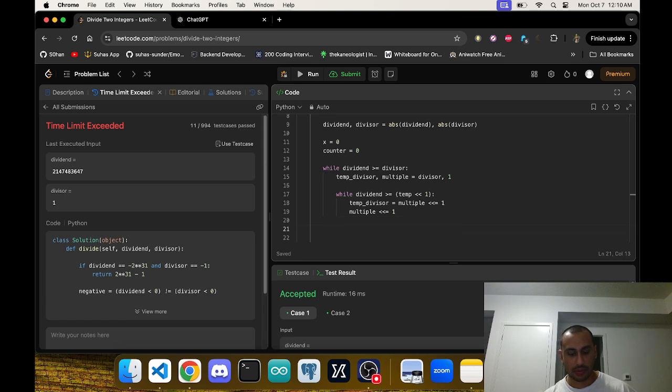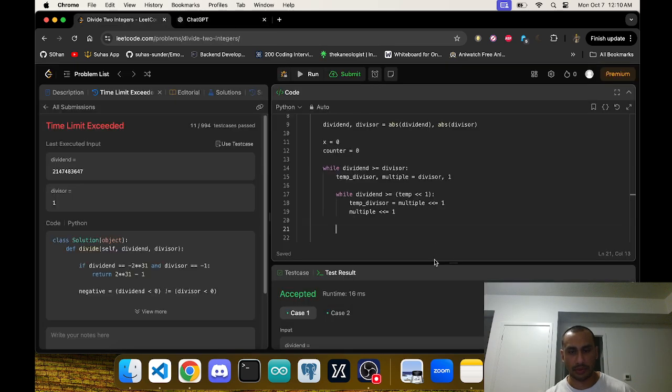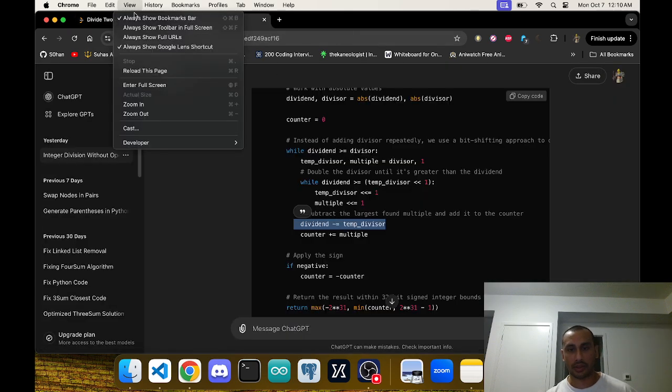1, and then we go. I think it's outside of the loop we have to do that, yeah. So outside of this while loop, we have to do it. It's temp divisor. Oh, dividend minus equals temp divisor.